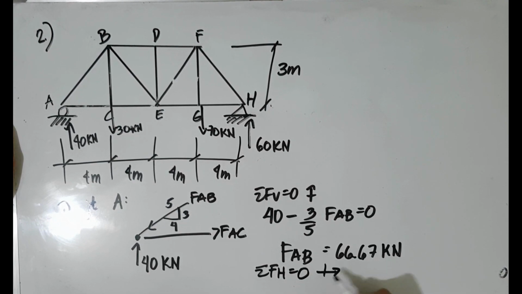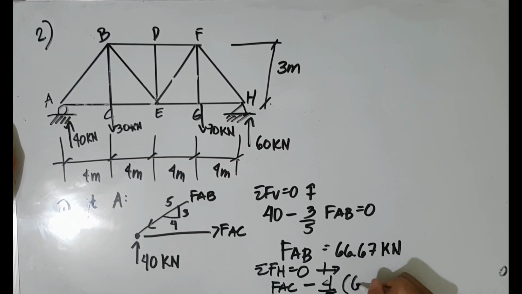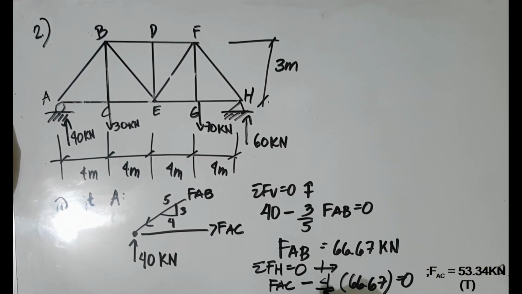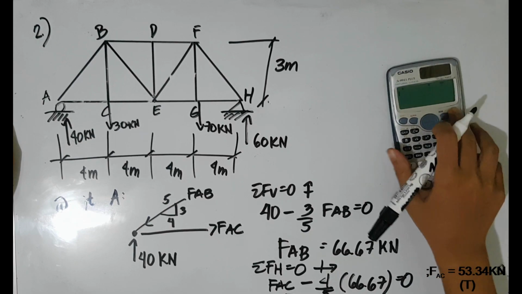Again, negative 4 over 5 of force AB, which is 66.67, is equal to 0. Therefore, our force at AC is equal to 53.34 kilonewton in tension.